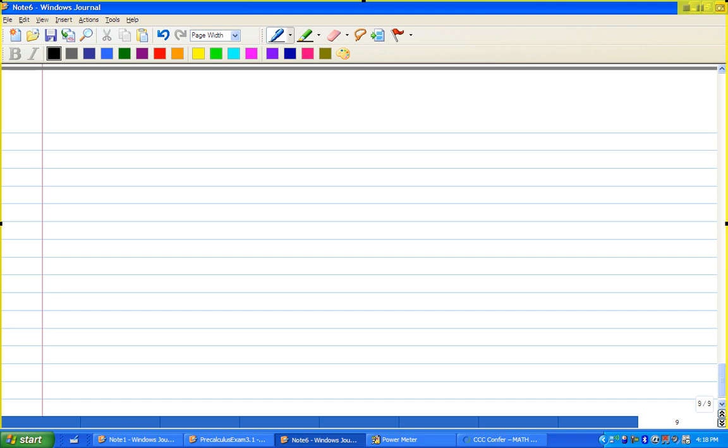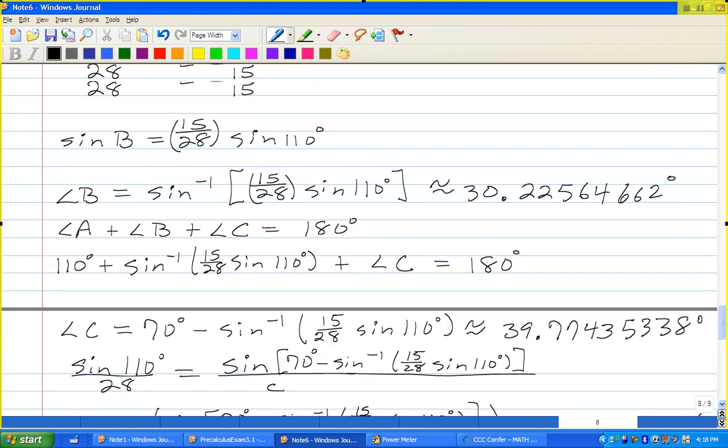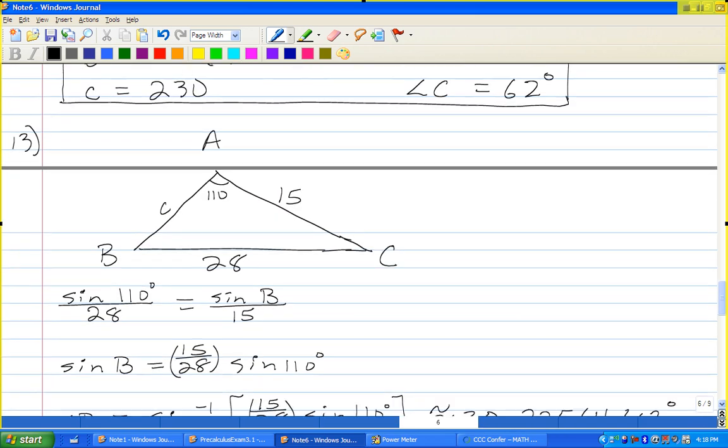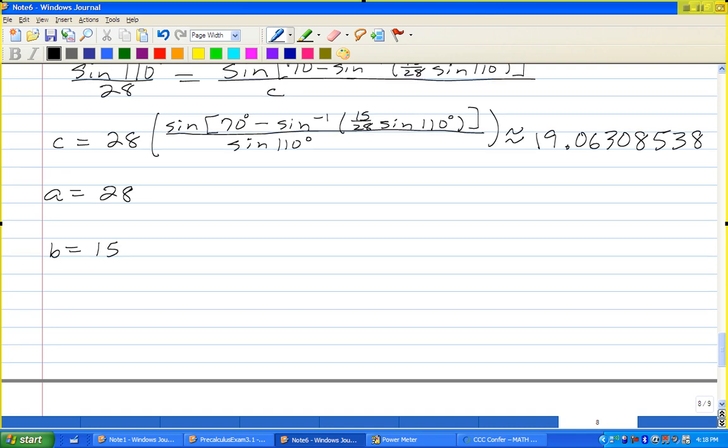So let me write down the triangle. Side A is 28. B is 15.